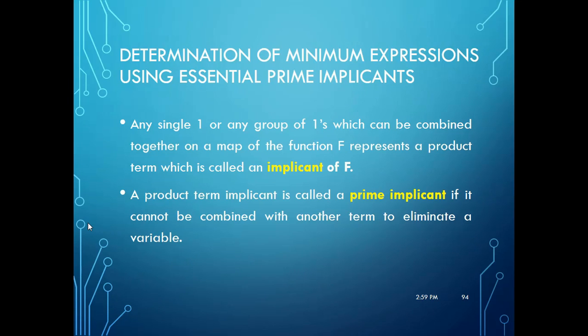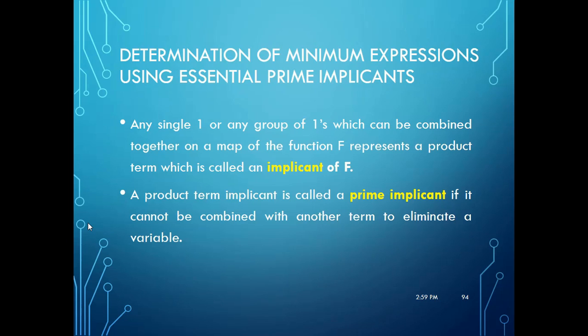Any single one or any group of ones which can be combined together on a map of function f represents the product term which is called an implicant of f. You know this implicant is formed by the K map itself.